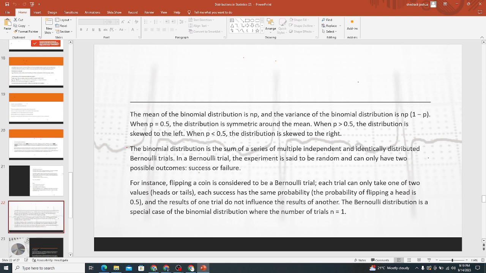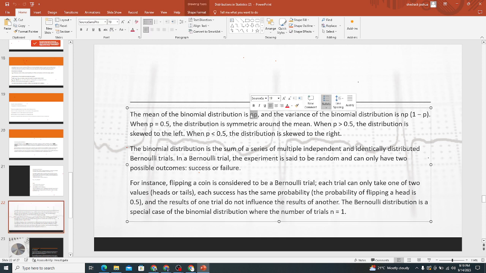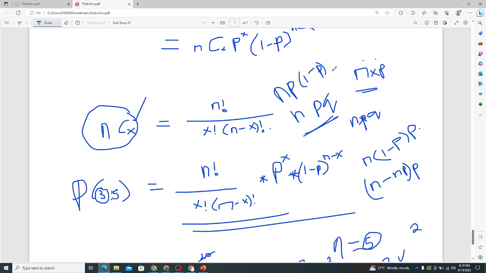All right, let's continue. The mean of the binomial distribution is np. Then the variance of the binomial distribution is np multiplied by q, and we know that q is 1 minus p, which is illustrated here.